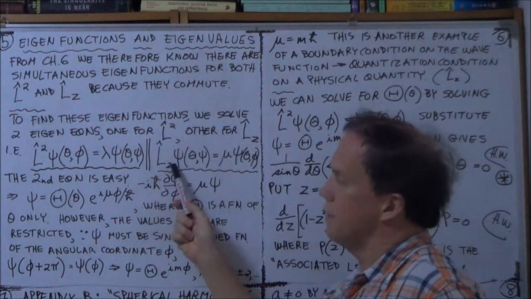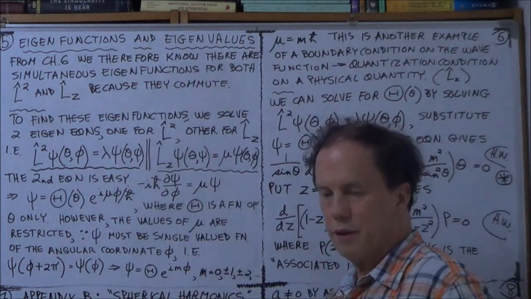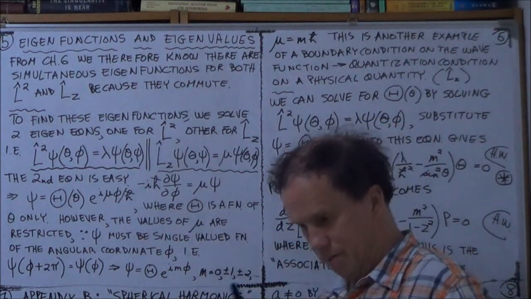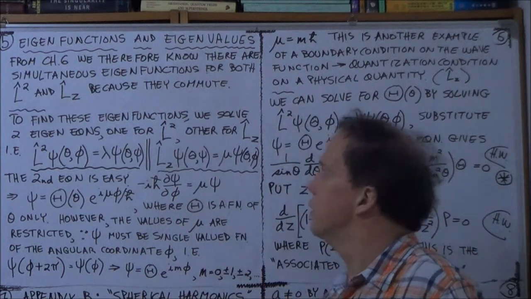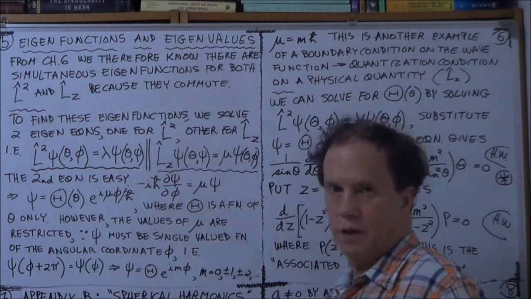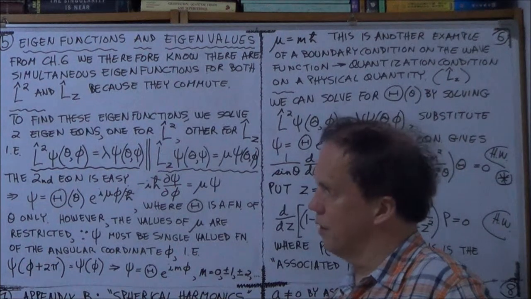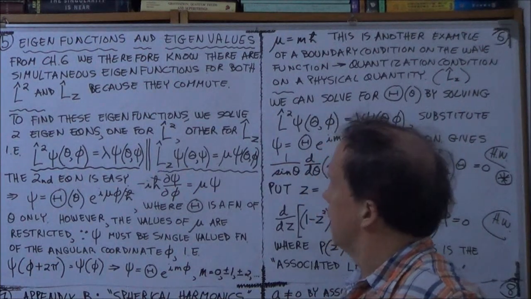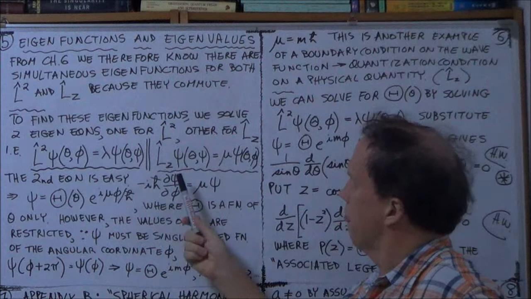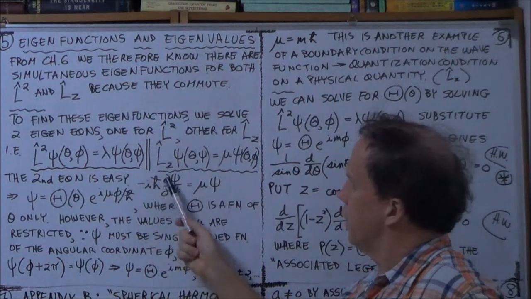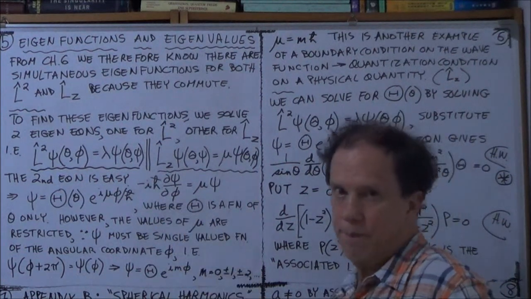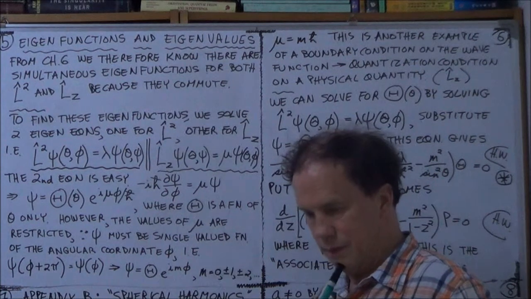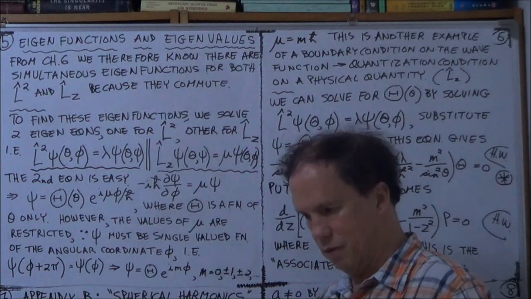The reason why we chose the z component rather than the y or the x component is because in spherical polar coordinates, this operator turns out to be very simple. In fact, it's just minus i h bar d by d phi. Whereas Lx and Ly were much more complicated.